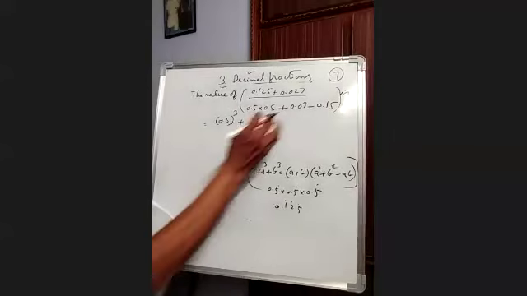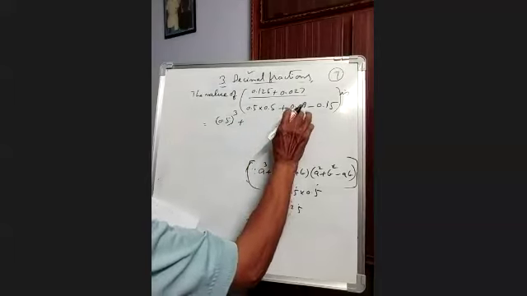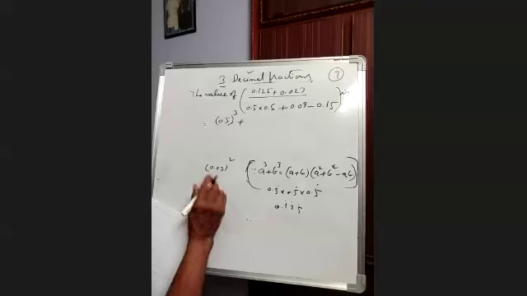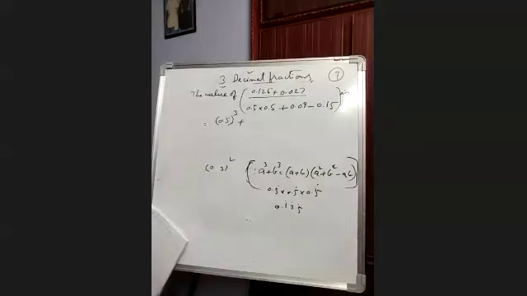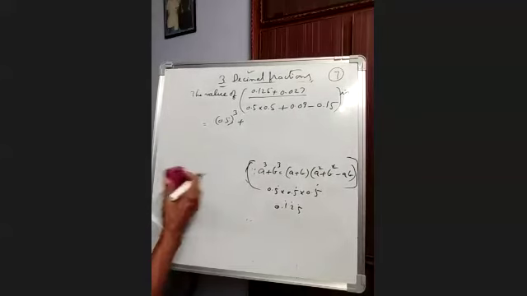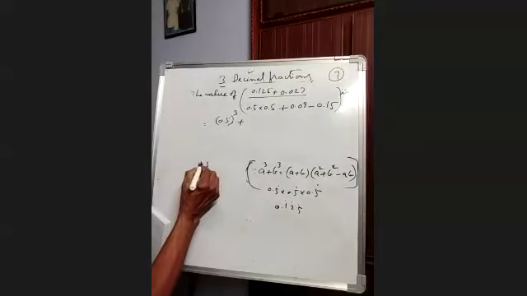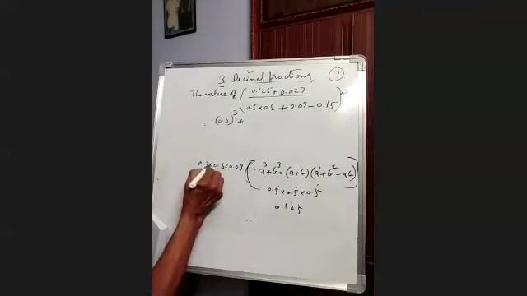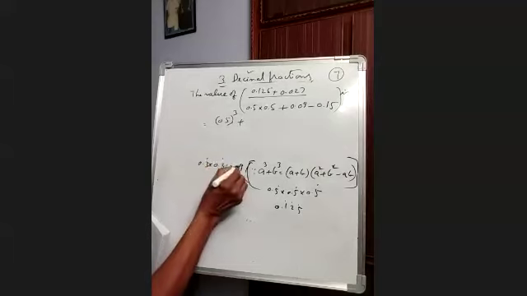You have to imagine 0.09 as b square. 0.3 whole square will be 0.3 into 0.3, which will be 0.09. 3 into 3 is 9, two decimal places.